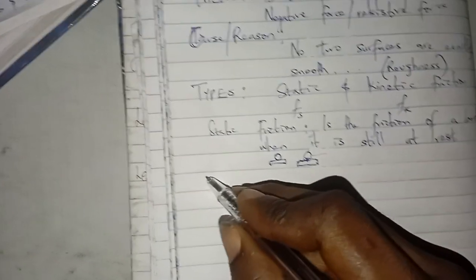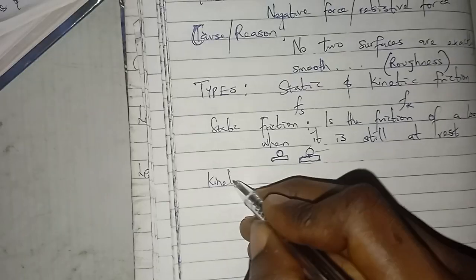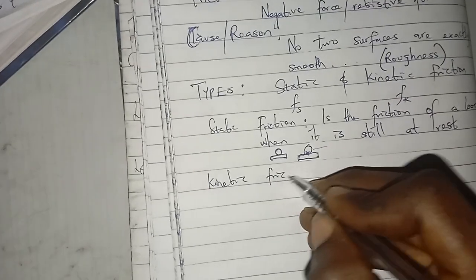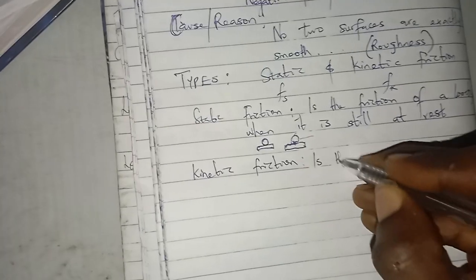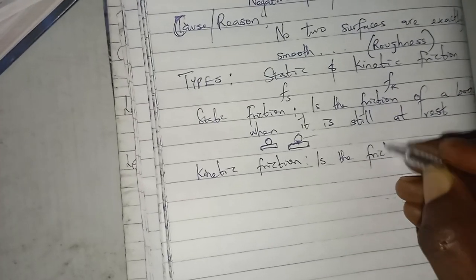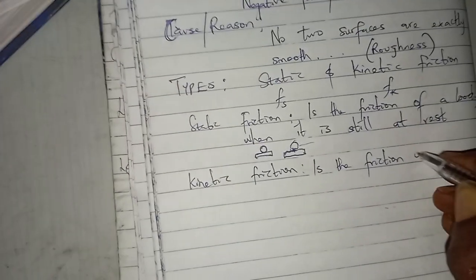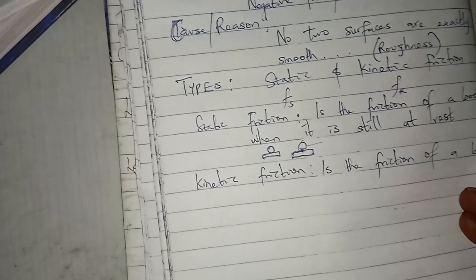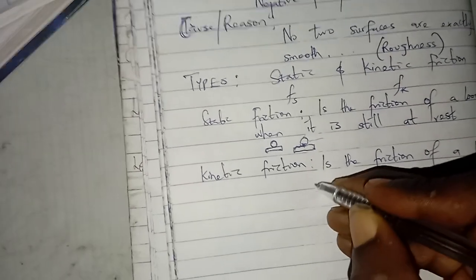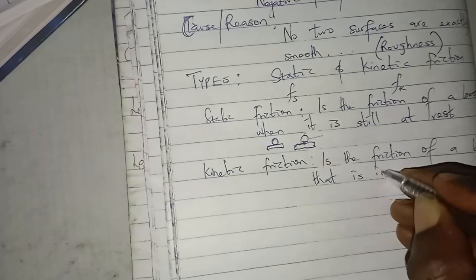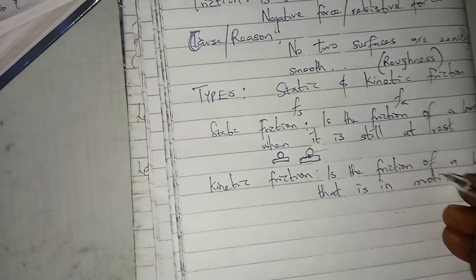So if I know this, I now go to the next one, which is kinetic friction. I will say that kinetic friction is the friction of a body that is in motion.